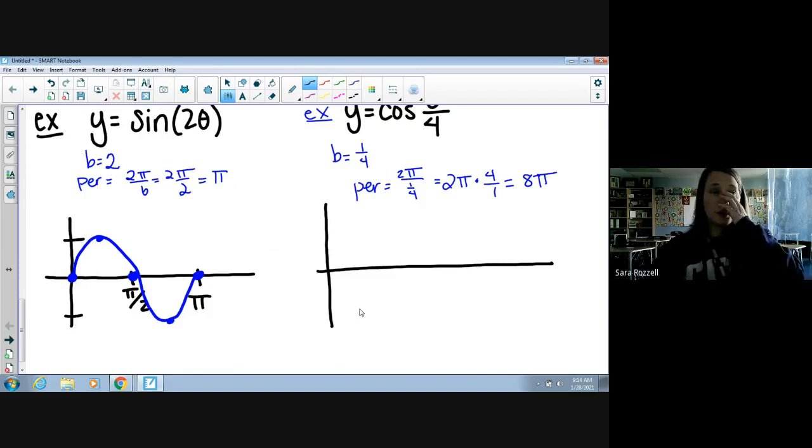Now we'll do our cosine graph. How long do we need to make this for cosine? 8 pi. We need to make it 8 pi. I'm going to go ahead and do a halfway point as well. Halfway between 0 and 8 is how many pi? Yep, 4 pi.